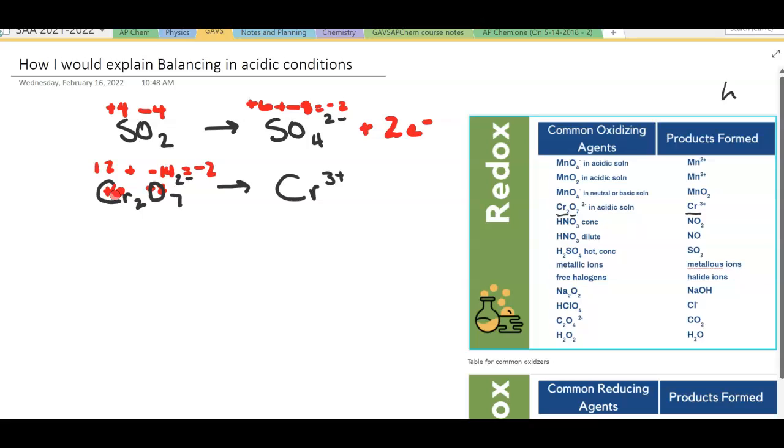So that means that I had 2 of those, so I'm going to make 2 of them in my product side, and they're going both from +6 to +3, so that must mean I added 3 electrons each for a total of 6 electrons needed for the chromium.